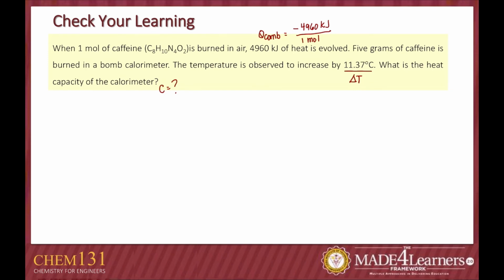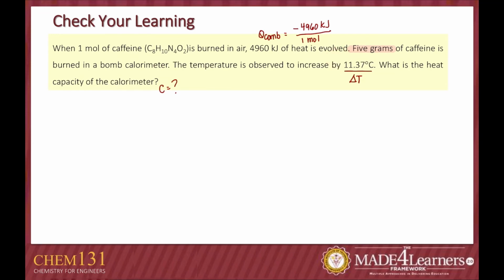But dili man 1 mole ang gigamit sa calorimeter. Instead, pila gigamit sa calorimeter? It's 5 grams. And this 5 grams caused an increase in temperature of 11.37 degrees Celsius. So pilay heat capacity.